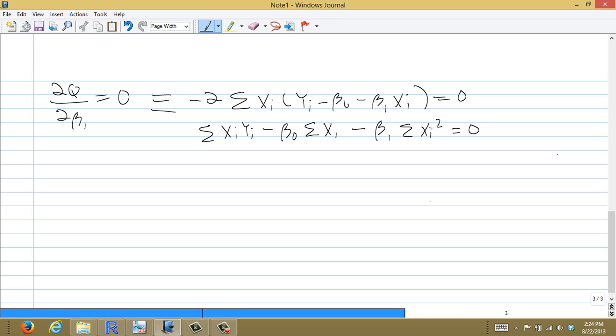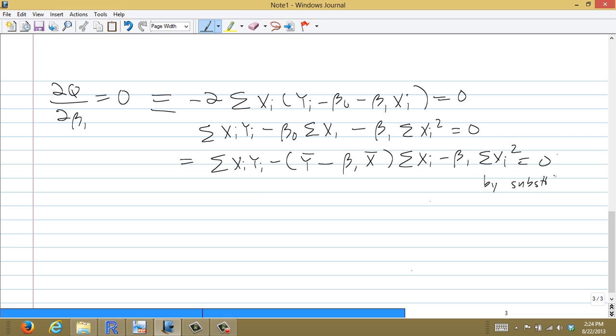equals 0. And we notice that this equation right here has beta naught in it, but we've already solved for the optimal value of beta naught, so we're going to plug that in. So this is equal to the sum of x sub i, y sub i, minus y bar minus beta 1 x bar times the sum of the x's minus beta 1 times the sum of x sub i squared equals 0, and that's by substitution.